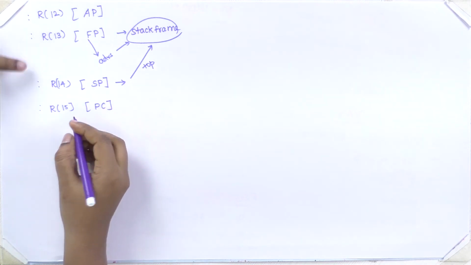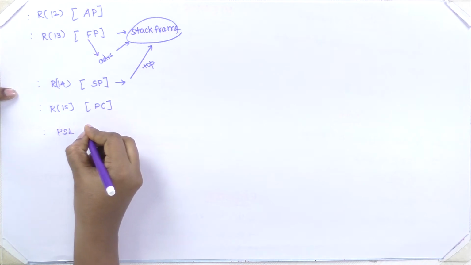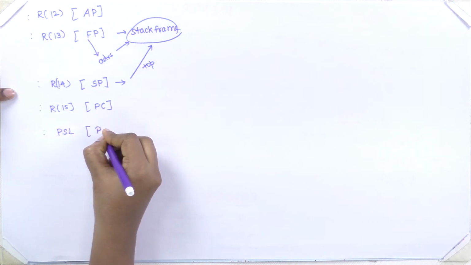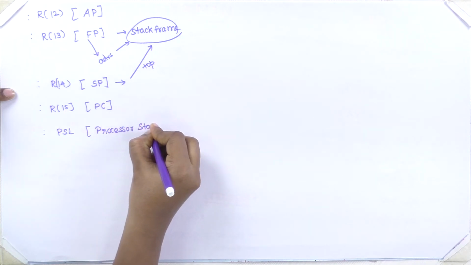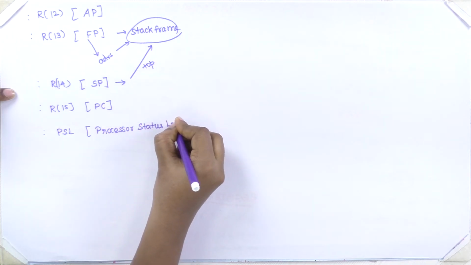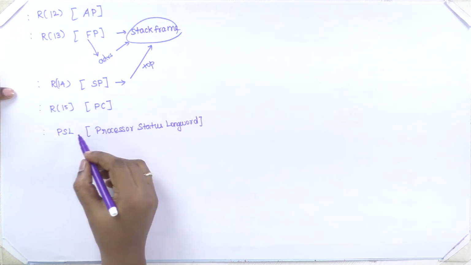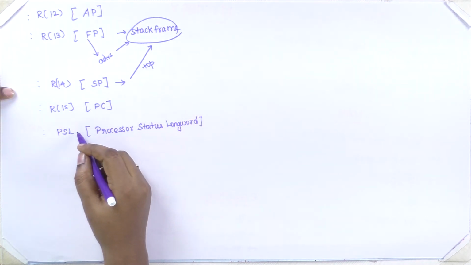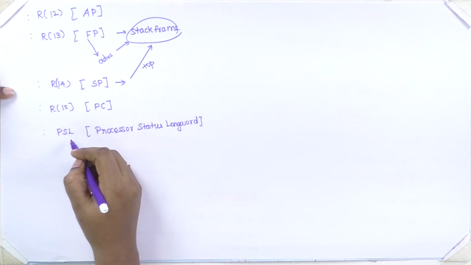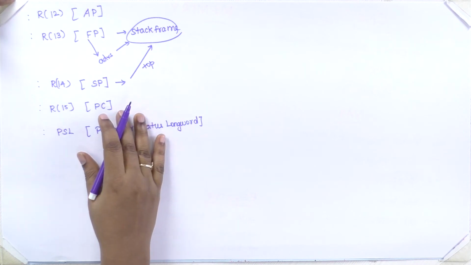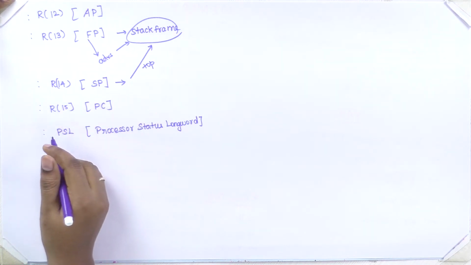In addition to these registers, we have the PSL register. PSL is the processor status long word, which states the variables and flags associated with the process. So these are the registers in our VAX architecture.